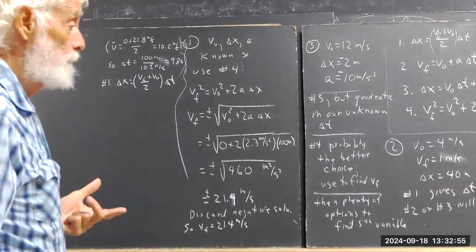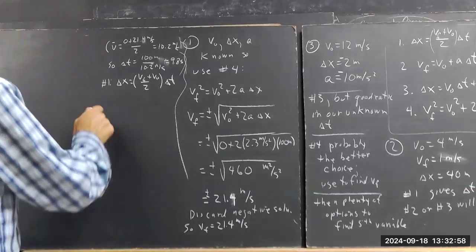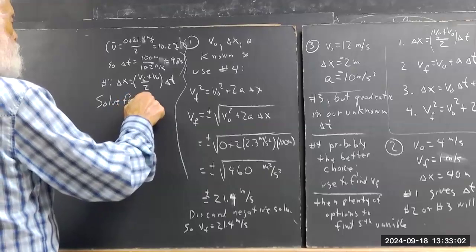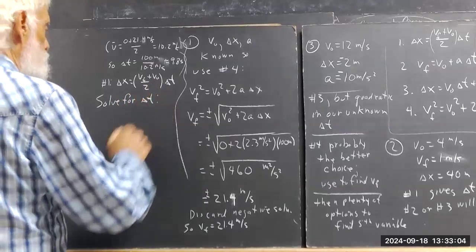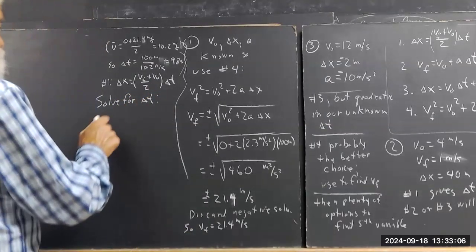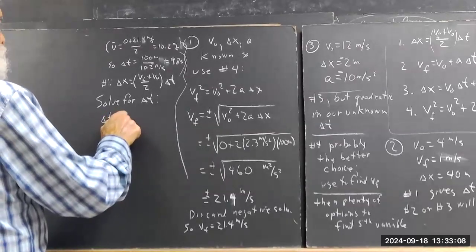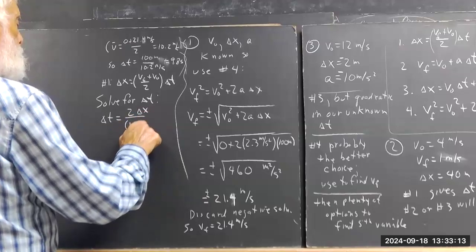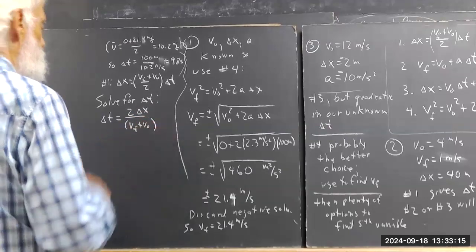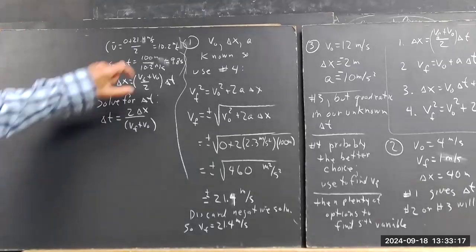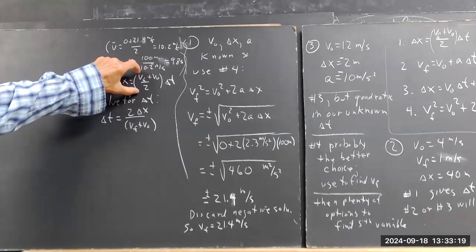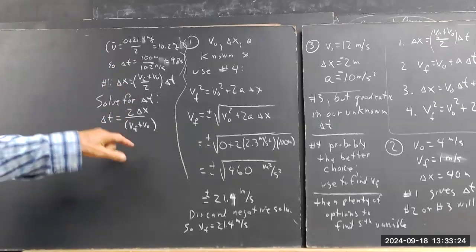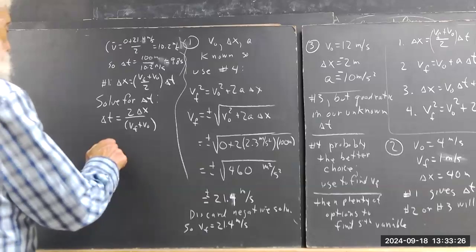There's our equation. We want to find delta t, so solve for delta t. You just multiply by the reciprocal of (VF plus V naught) over 2, and you get delta t equals 2 delta x over (VF plus V naught).